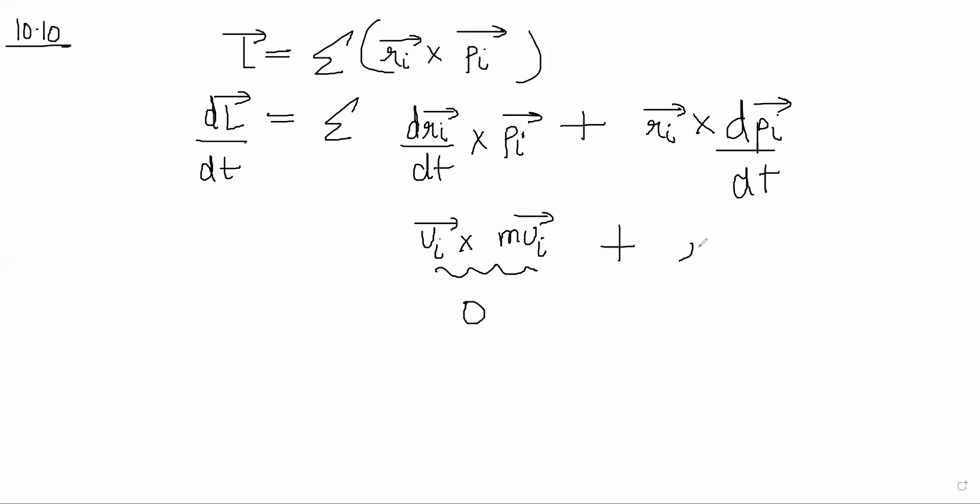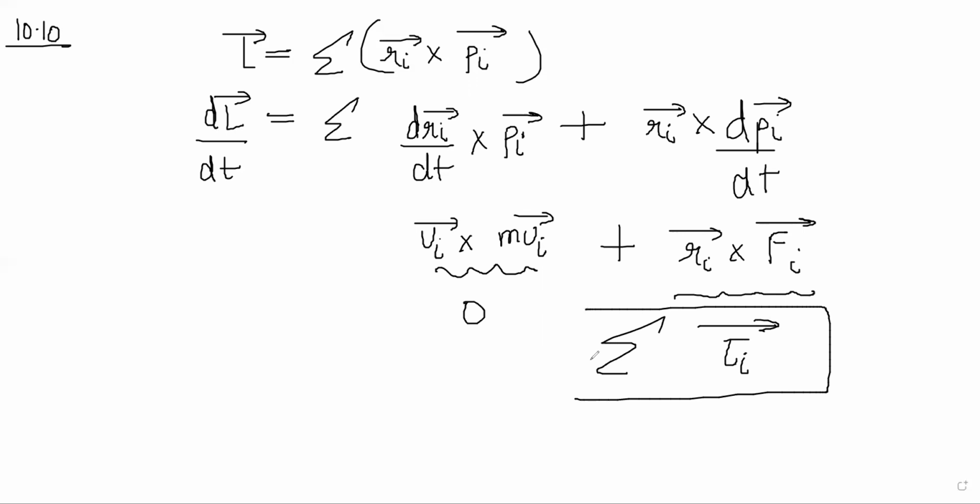Plus here dPi by dt is the force on the ith particle. So this is Ri cross Fi, which is basically torque on the ith particle, and you have to sum up all the torques. So dL by dt becomes equal to the total torque.